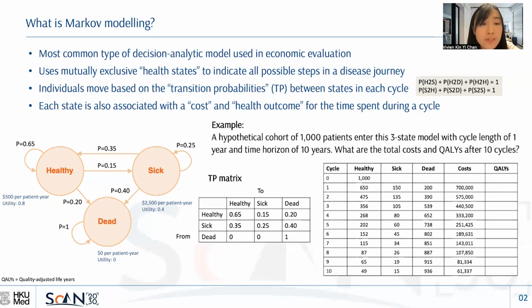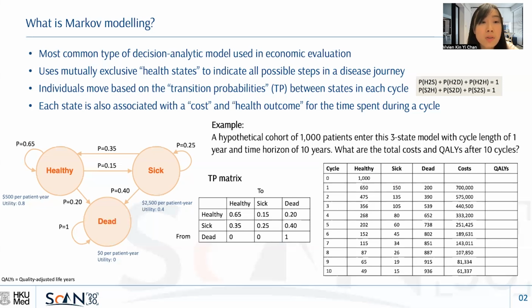And now, finally, the concept of calculating QALYs is also very similar. The numbers on the left-hand side actually represent the number of life years in each state. For example, 650 people staying in the healthy state for 1 year of life is equivalent to 650 life years in this health state.